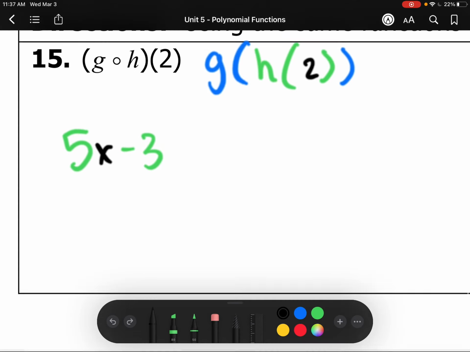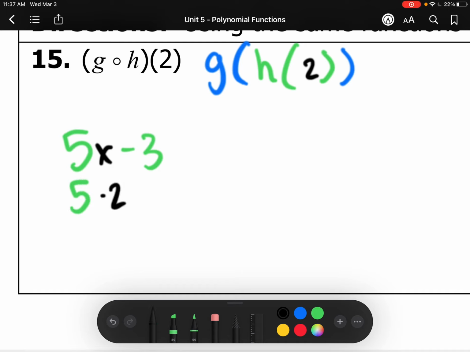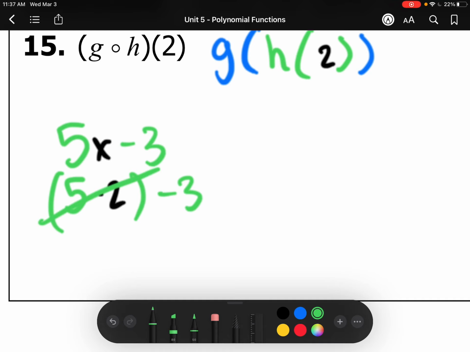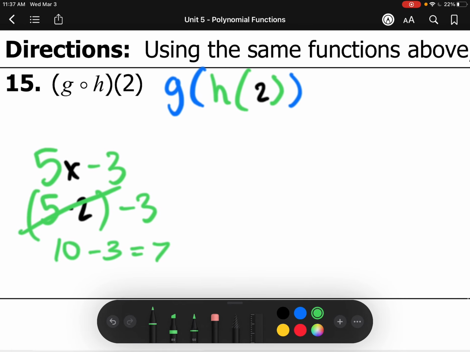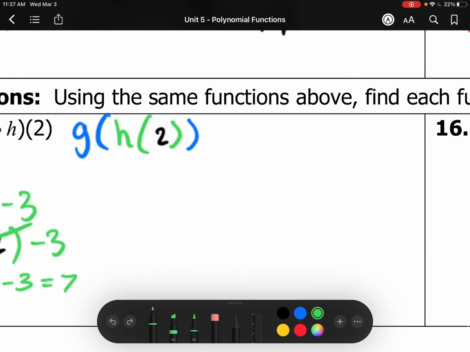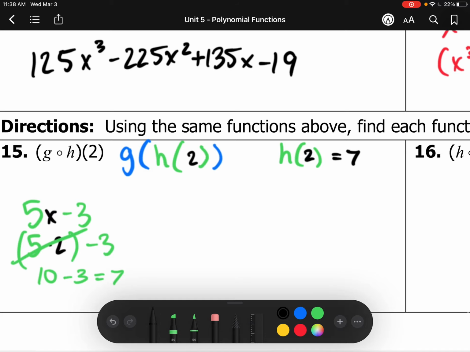So that means that I have 5 times 2 minus 3. 5 times 2 is going to be 10. So we have 10 minus 3, which is equal to 7. So when you plug in 2 into function h, your resulting value is 7. So that means that h of 2 is equal to 7.